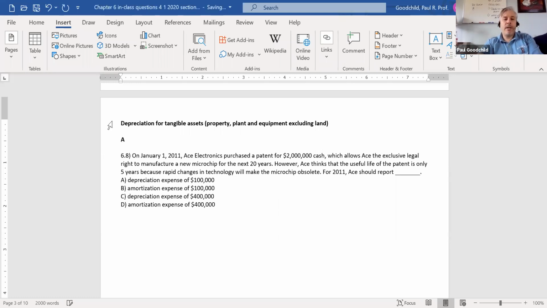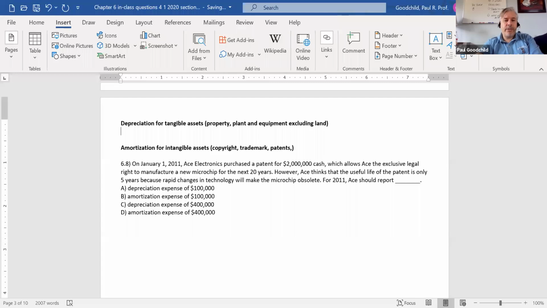We're going to use amortization for intangible assets, which are copyright, trademark, and patents are a few of the examples.